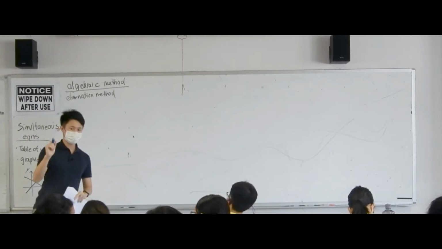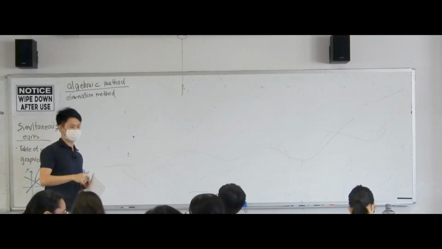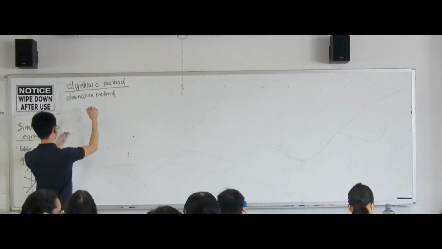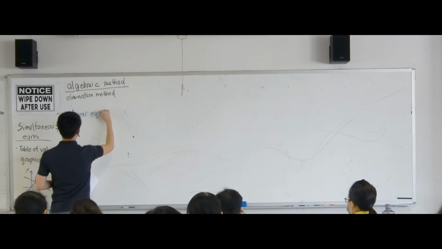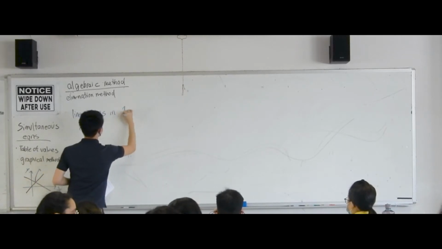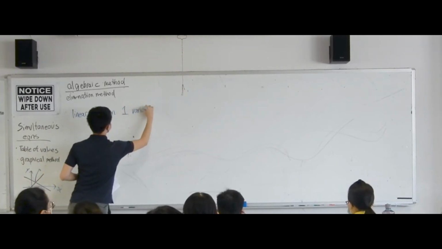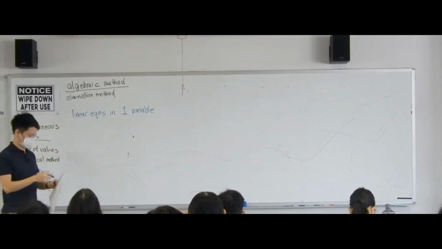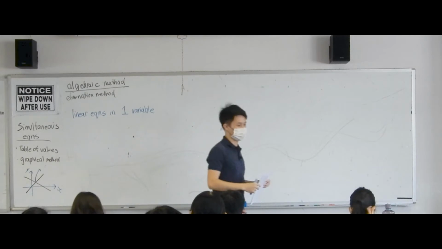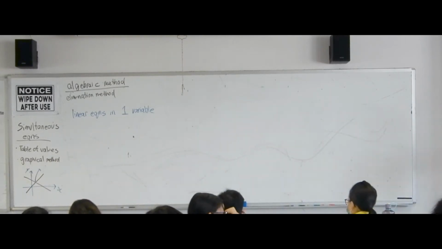Now, when we solve one variable linear equations, what does one variable linear equations mean? Does anybody want to try? What does this statement mean? Linear equations in one variable. Ashka, what do you think this would mean? Give me an example.